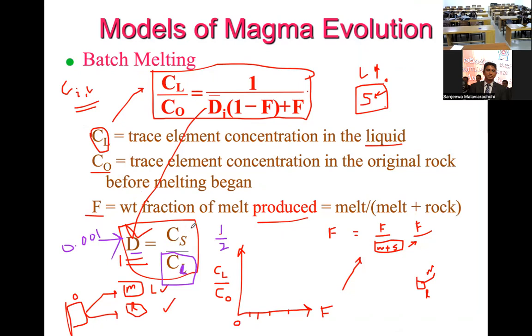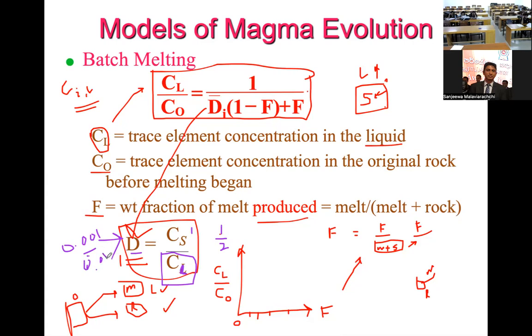So if you take 1 here, you must have 1,000 there to get this number for D. That means compared to the solid, the liquid preference of that particular element is 1,000 times greater. Like that, if you take 100 times, maybe that is a value of D equals 0.01.